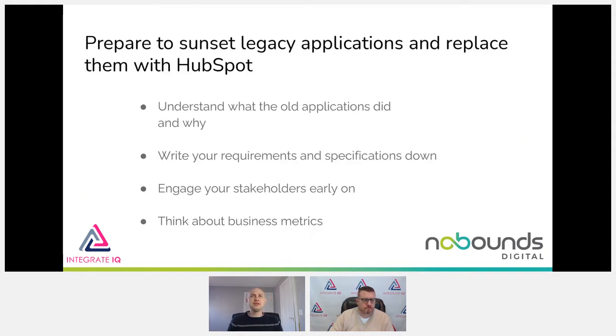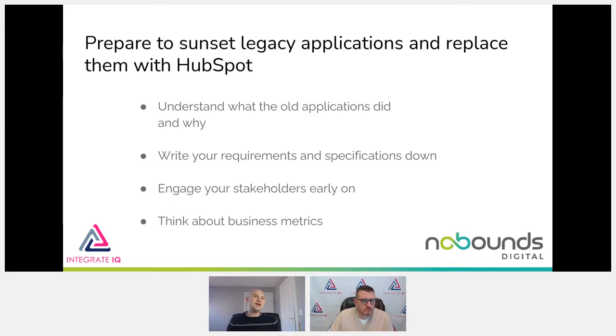So in preparing to sunset our legacy applications and replace them with HubSpot, we want to understand what some of those applications have done and why they were doing those things. I'm sure there's pieces of software in your enterprise that no one knows quite exactly what they do, or only one person knows exactly what they do.